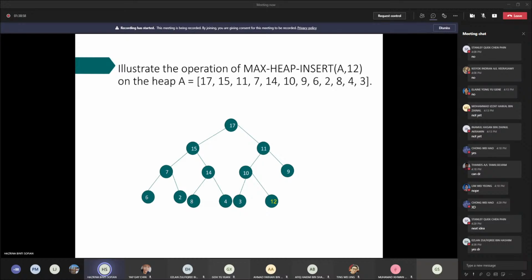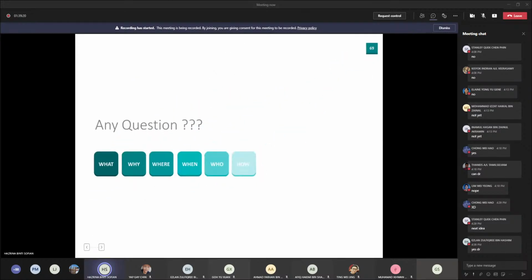Then we max heapify it. Here it will be 12, and 12 is bigger than 11, so we swap places. That is for the max heap insertion.